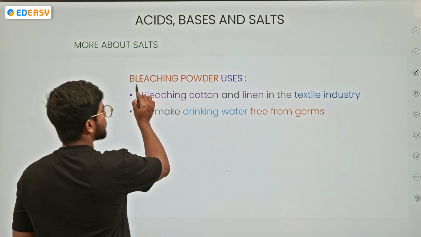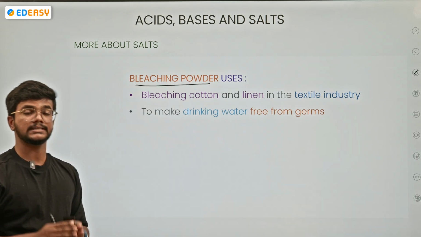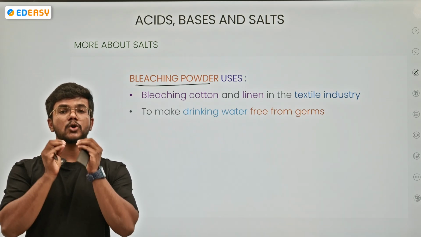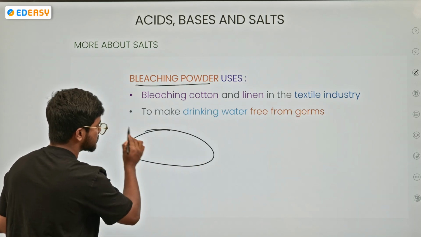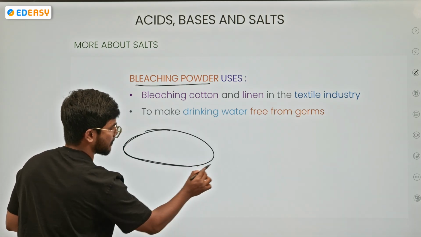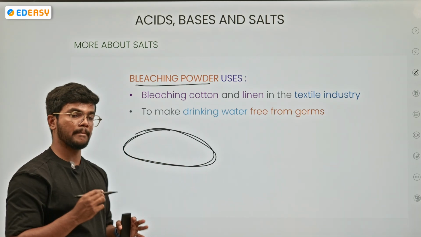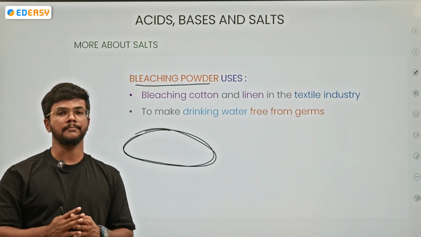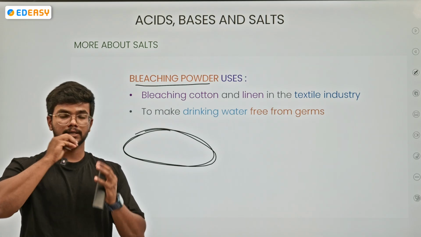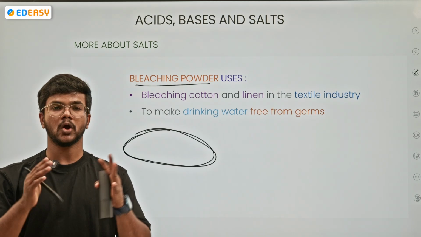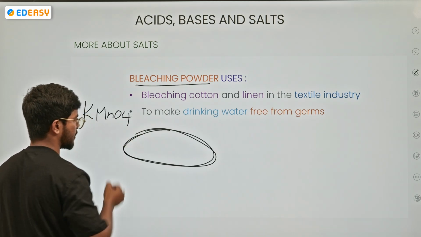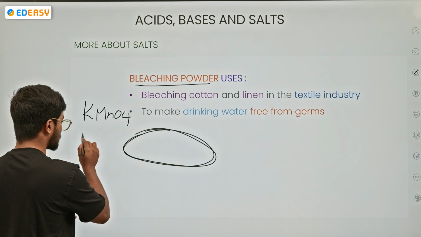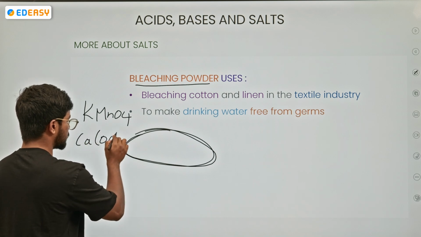Here, bleaching powder is a strong oxidizing agent. When a strong oxidizing agent reacts with the bacteria, the membrane of the bacteria, which is the skin of the bacteria, is exposed to the oxidizing agent, like KMnO4, potassium permanganate, or bleaching powder CaOCl2.